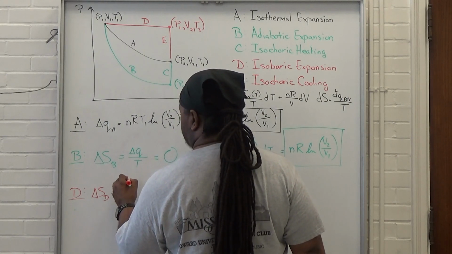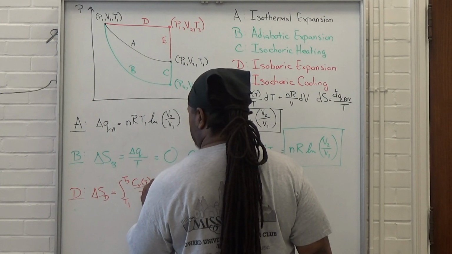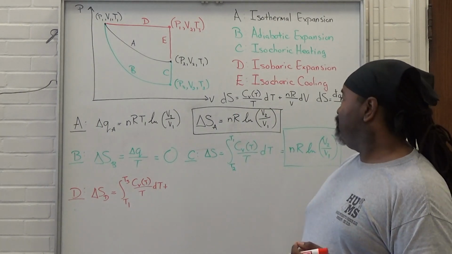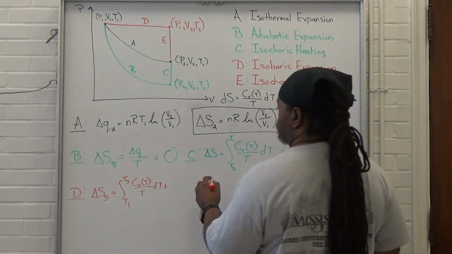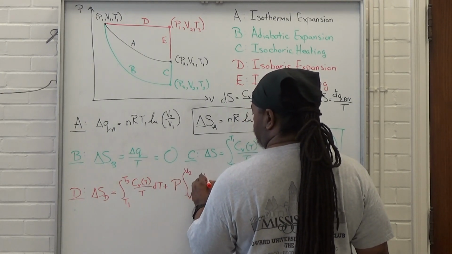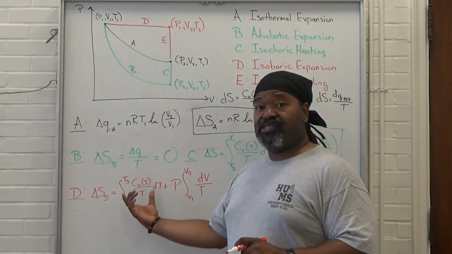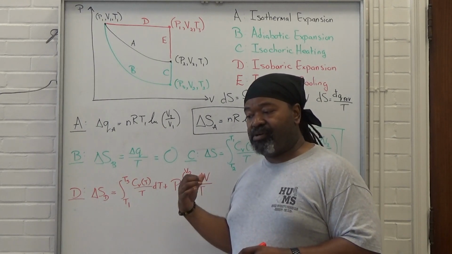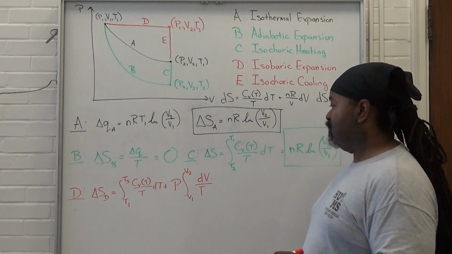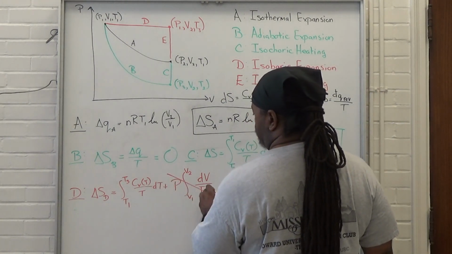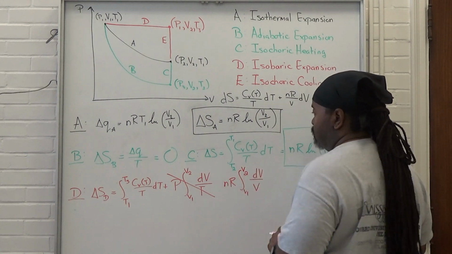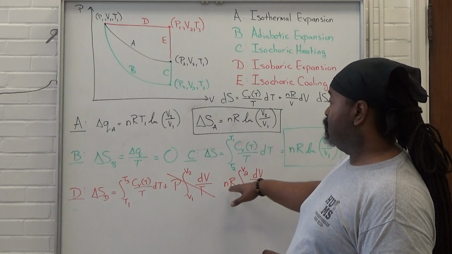We go from T1 to T3, and in this case I'm going to argue that we will be doing P dV over T. The integral has our volume going from V1 to V2, and this is dV over T. This second part, we want to replace P over T using the ideal gas law with nR over V. So this entire thing gets replaced with nR, integral from V1 to V2, dV over V. That we can integrate pretty straightforwardly.